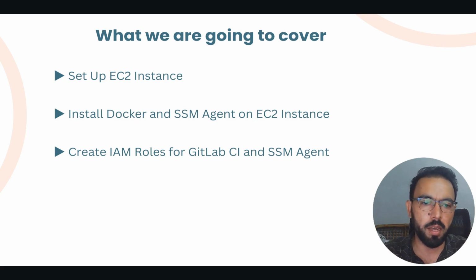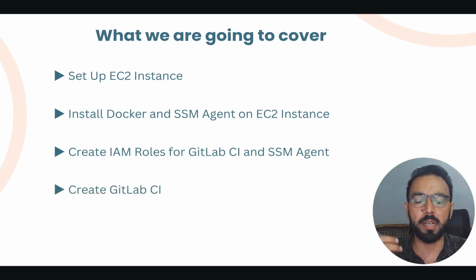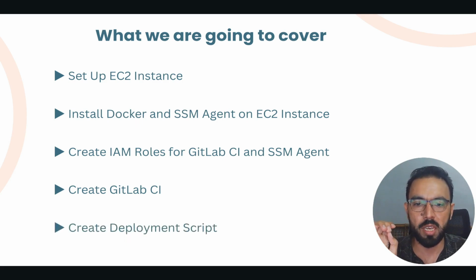And once we had that SSM agent role, we attached that role to the EC2 instance, so the EC2 instance knows that it needs to give access to the SSM agent based on this role's permissions and policies. And once we had everything configured on the AWS side, we created a GitLab CI pipeline with a build and a deploy stage, and the deploy stage was triggering a deployment script which took care of stopping the container and running a new container.